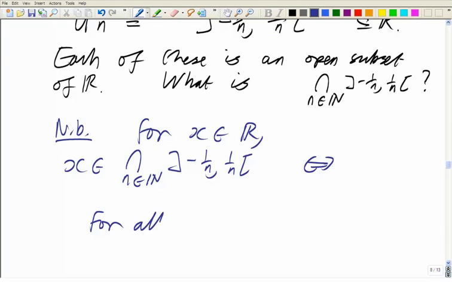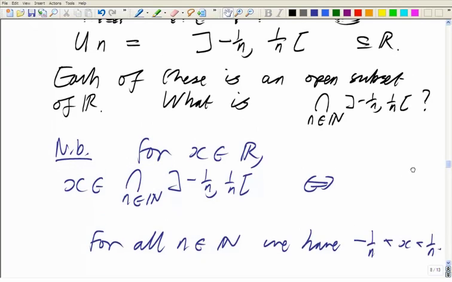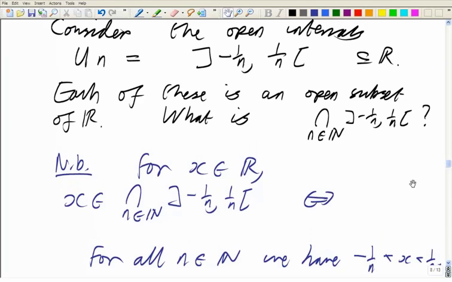For all natural numbers n, we have minus 1 over n less than x less than 1 over n. So let me give you a little bit of time to think about which real numbers might satisfy that condition, if any. And I'll pause the recording and let you have a think about this.